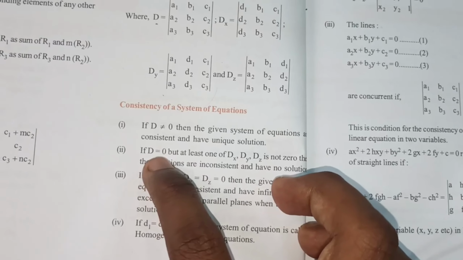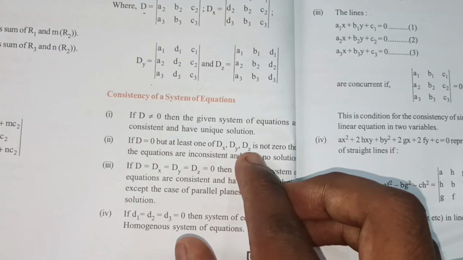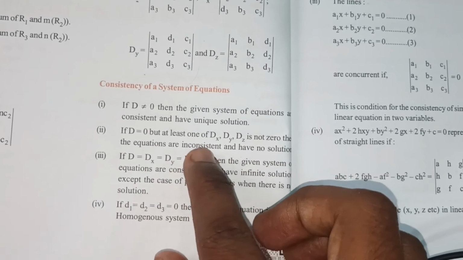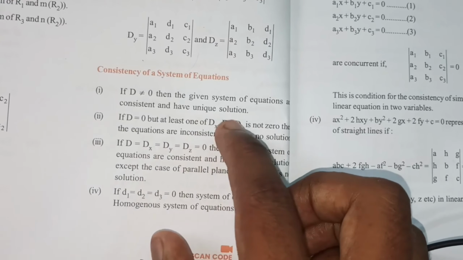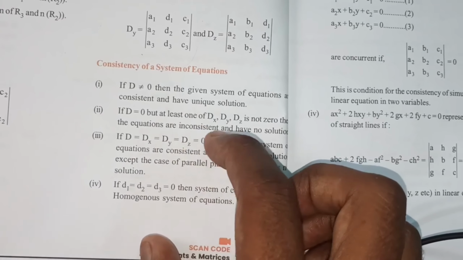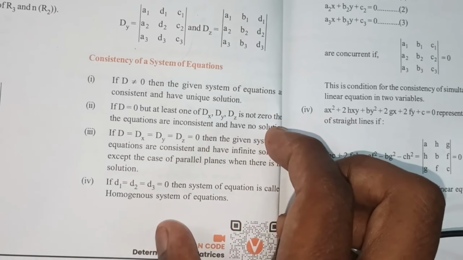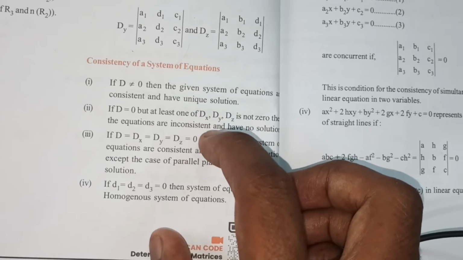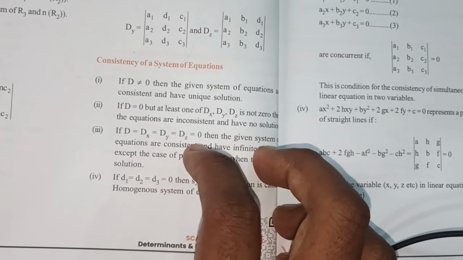If D equal to 0 and at least one of Dx, Dy, Dz is not 0, then the equations are inconsistent. Inconsistent means it's a property of the matrix that defines having no solution here. No solution means inconsistent.